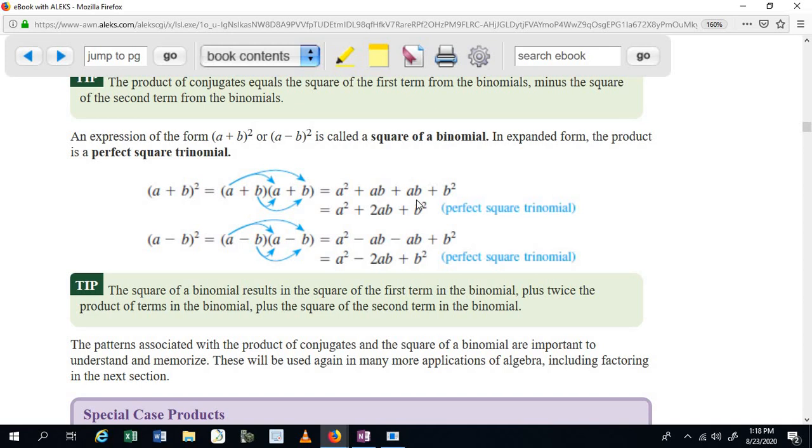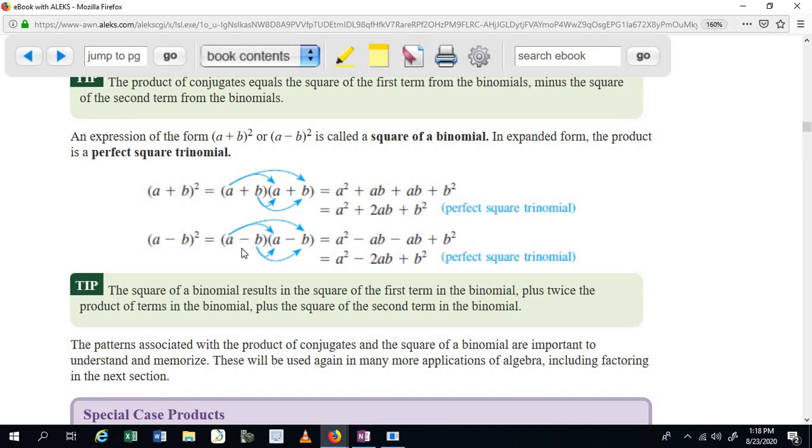Again, the order in which you multiply doesn't matter. And then the last would be b times b, which is b squared. Notice this middle term, you have two of these ab's, so you can write it as 2ab. And so you end up with what's called a perfect square trinomial, a squared plus 2ab plus b squared.